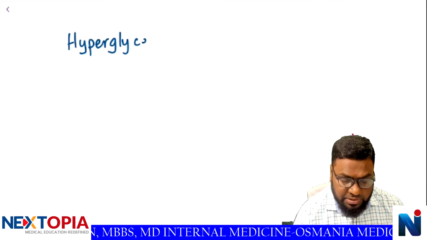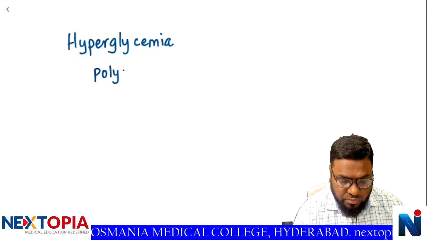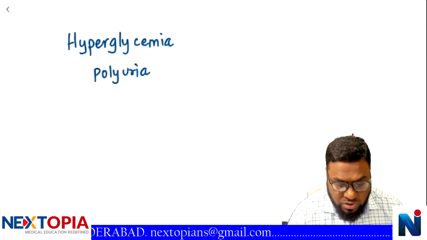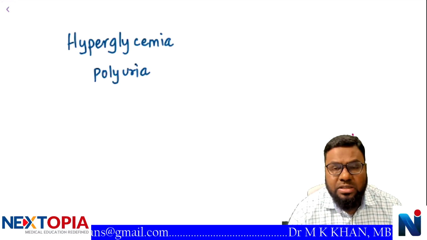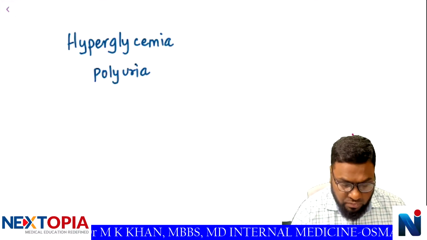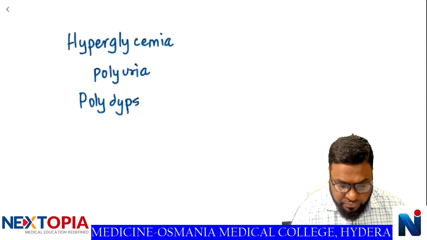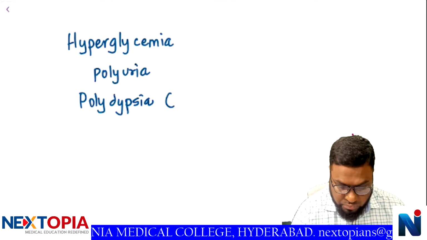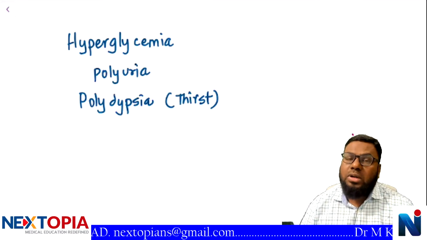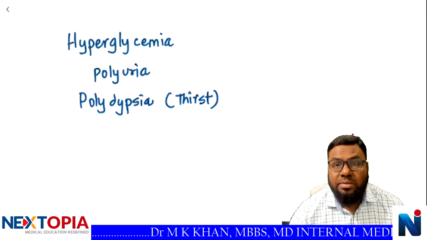So suppose a person presents with hyperglycemia, polyuria, that is multiple episodes of urination, or he is going many times to pass urine. And polydipsia, what is polydipsia? Dipsia means thirst. So polyuria, polydipsia, increased thirst, hyperglycemia.